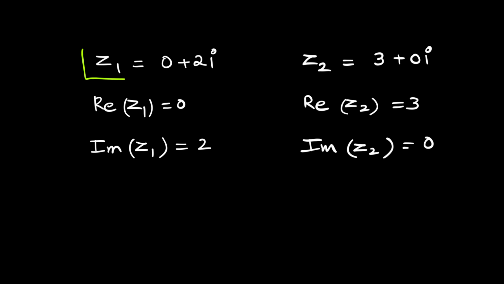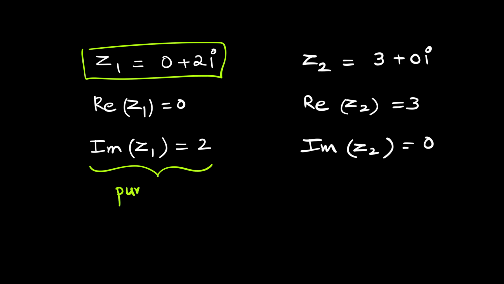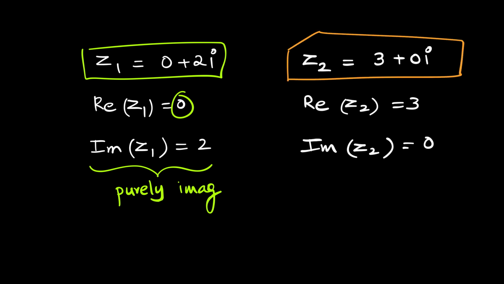Now this first example, z1, is purely an imaginary number because the real part is 0. Similarly, z2 is purely a real number because the imaginary part is 0.